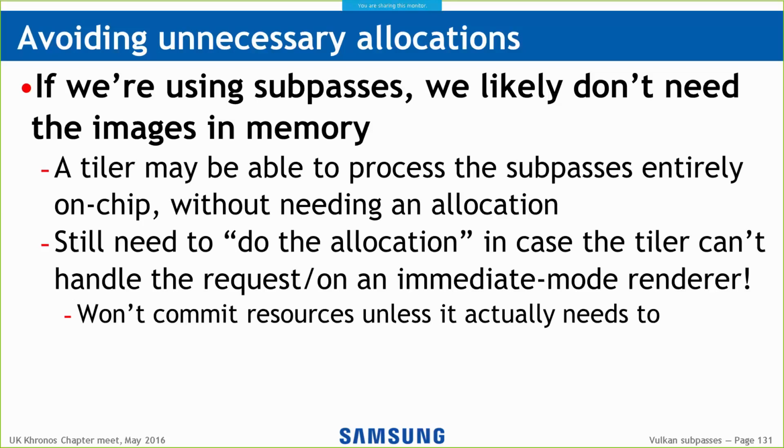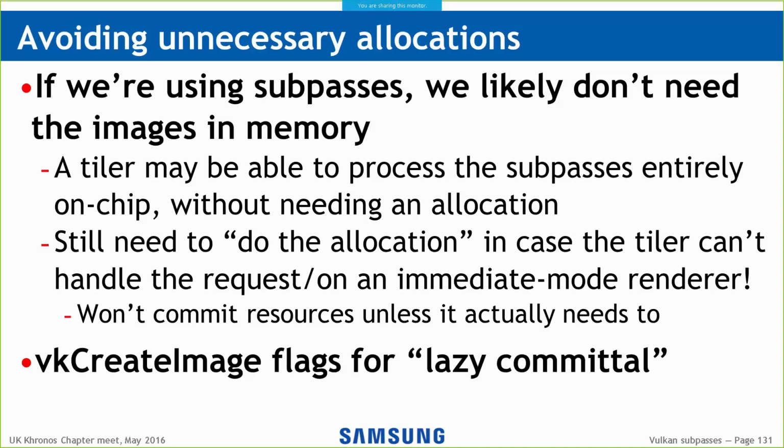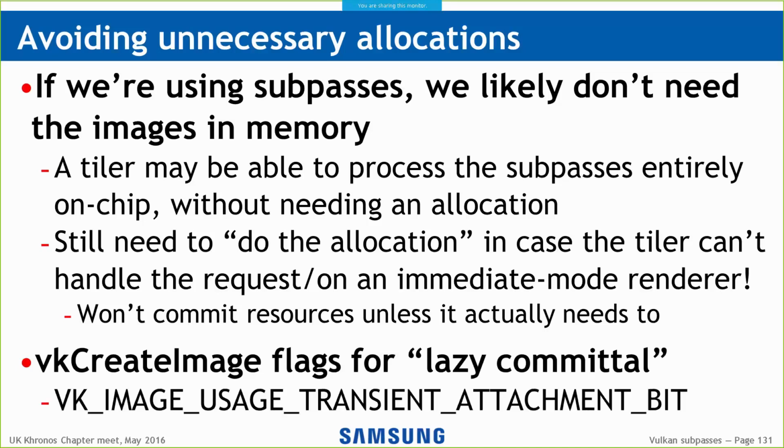But it's a conceptual allocation, and by telling the driver that's what you're planning to do with that memory, you won't necessarily get anything allocated unless it absolutely needs to. There are some flags for vkCreateImage to say that you've got lazy memory commitment. So if you have a transient attachment and the tiler can keep everything on chip, then it won't allocate corresponding memory for it.